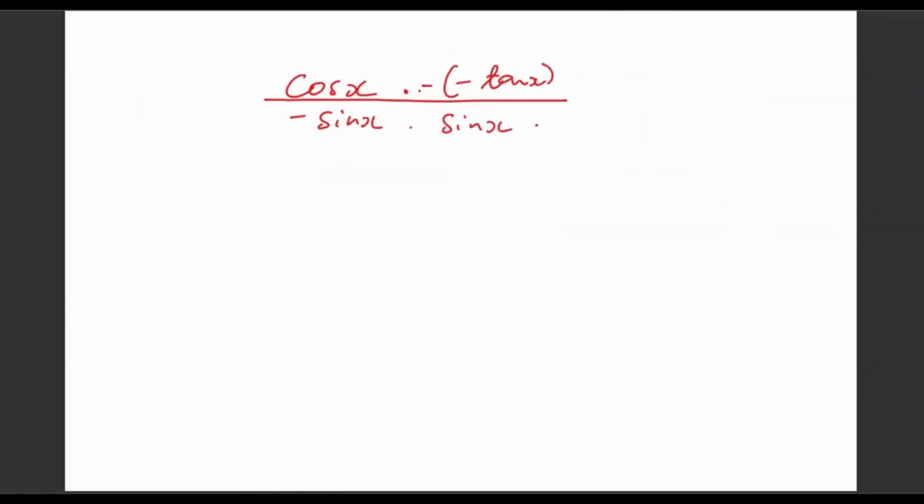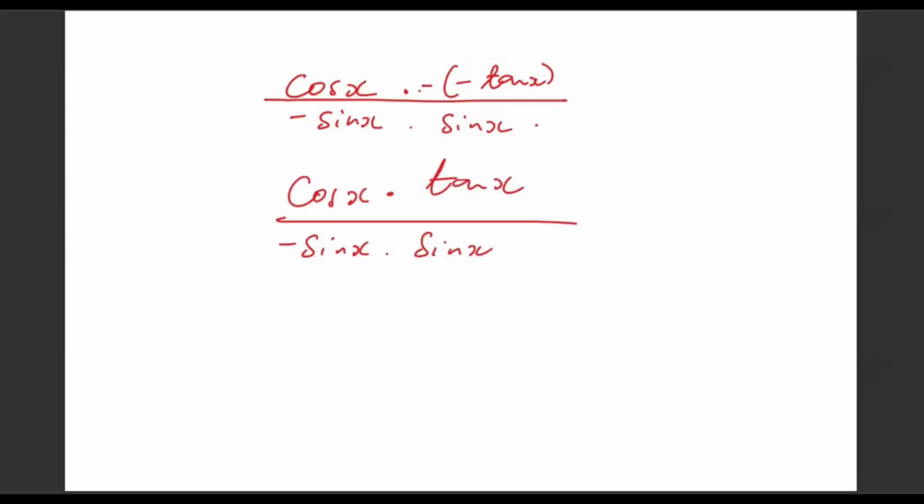Okay, so what do we see here? So this is going to be a positive. So I have cos x multiplied by positive tan x. Let me change the tan.